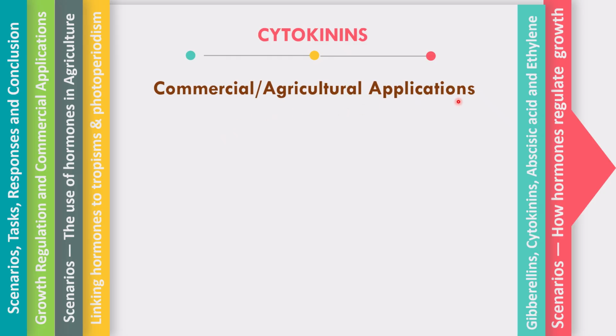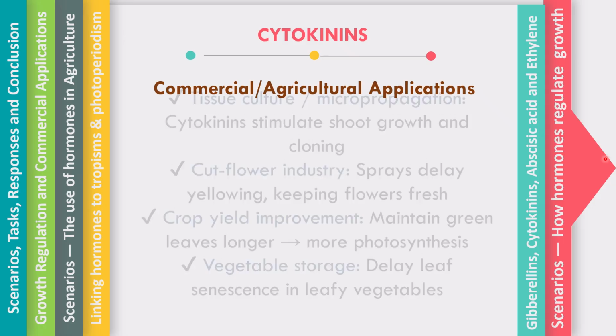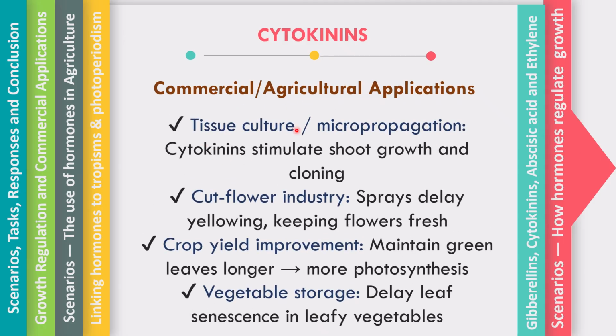Commercial and agricultural applications of cytokinins. In tissue culture or micropropagation, cytokinins stimulate shoot growth and cloning. In the cut flower industry, sprays delay yellowing, keeping flowers fresh.